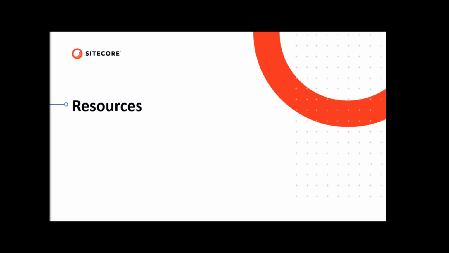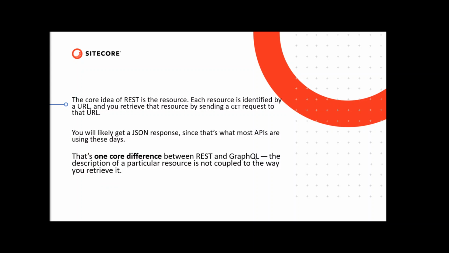And then the resources for GraphQL versus REST. So for REST, each resource that you identify by URL, you will retrieve exactly the same regardless of your request.